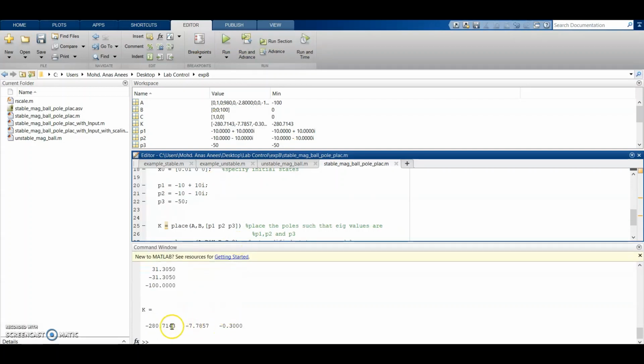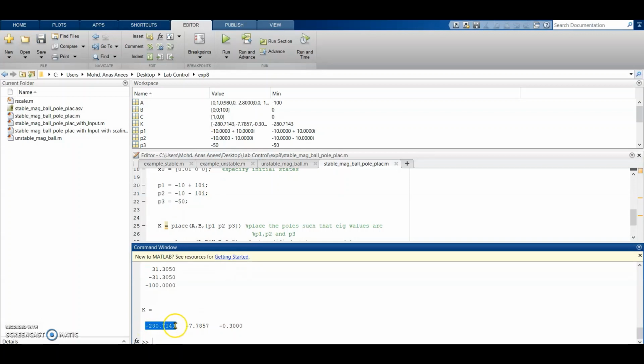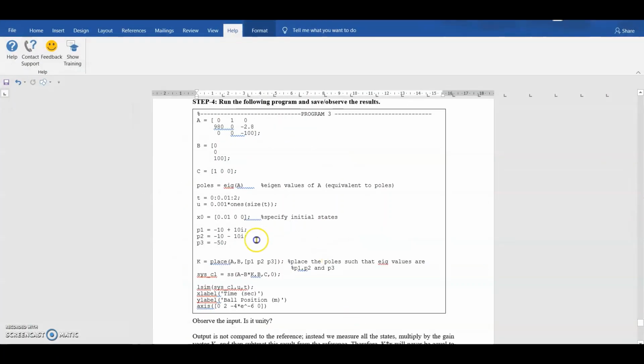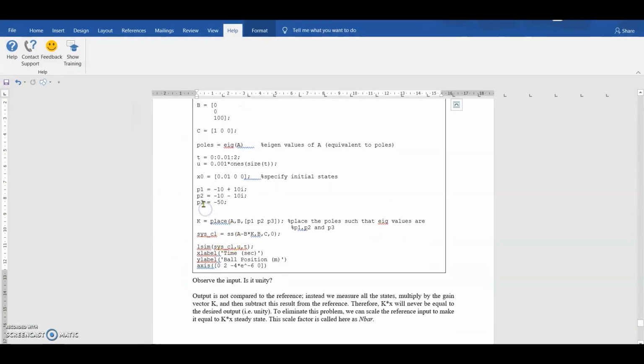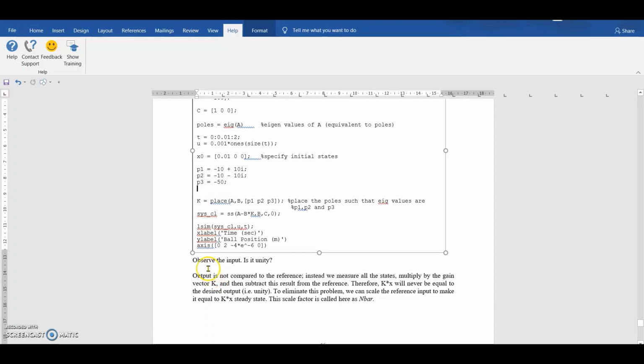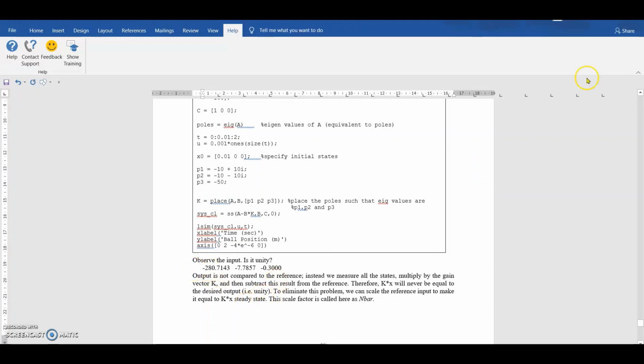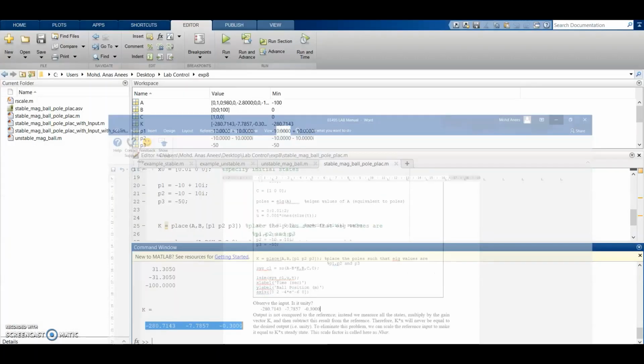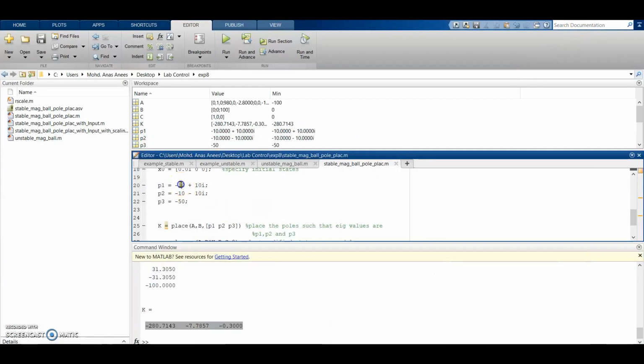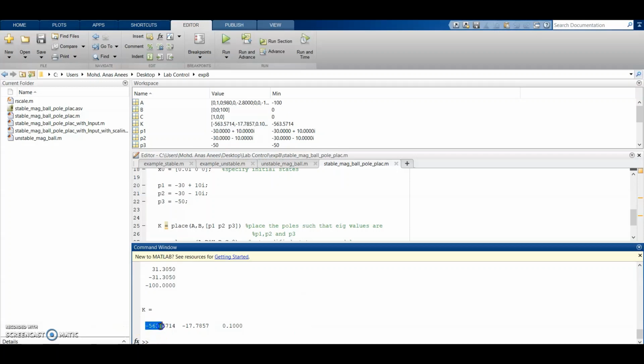So k is minus 280, minus 7 and minus 0.3. Let us save it somewhere. So for these poles, k is coming out to be this. Now let us change the pole locations to this minus 30 and run it again. Now k values are coming out to be these.